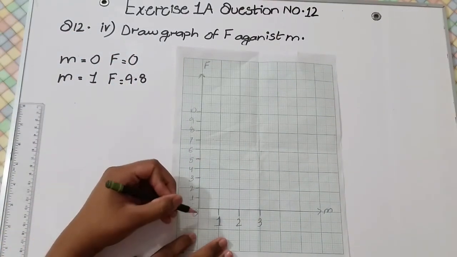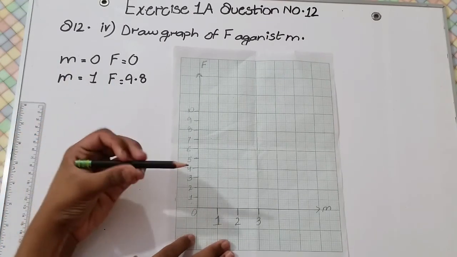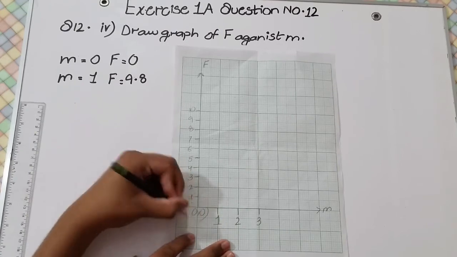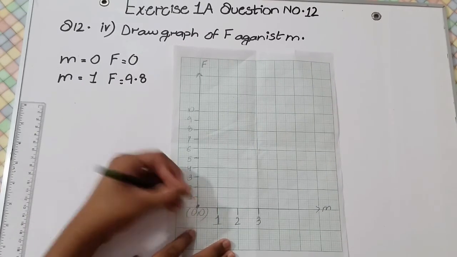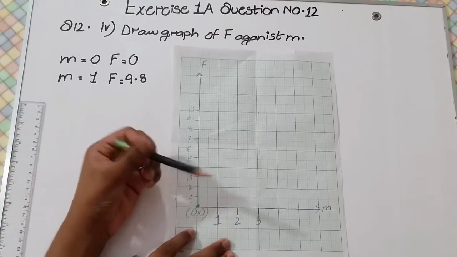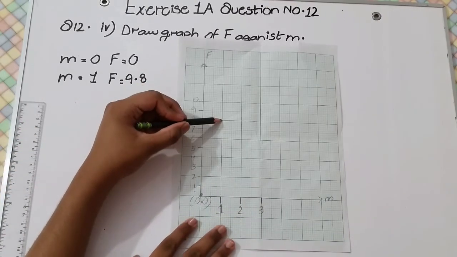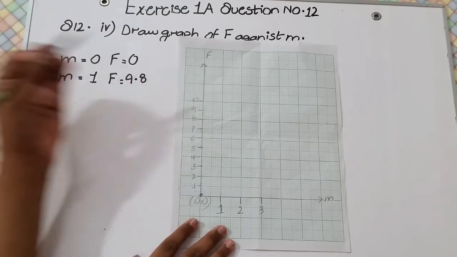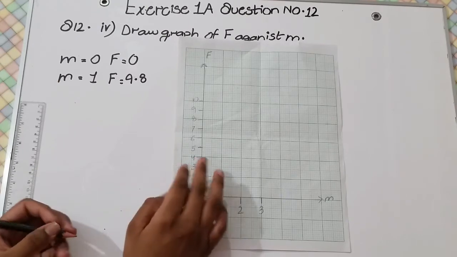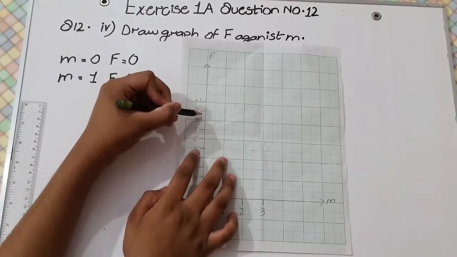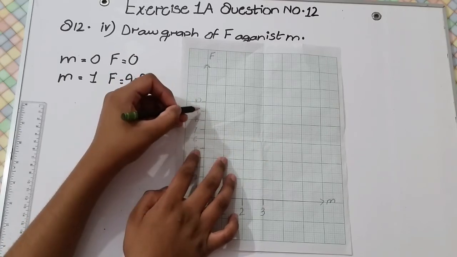The first point for the graph is where M is 0 and F is 0. So this is the first point of the graph. The second point is when M is 1 and F is 9.8. It's a decimal value, but that's not a big deal. We are just going to count these numbers. Over here we need to find 9.8.